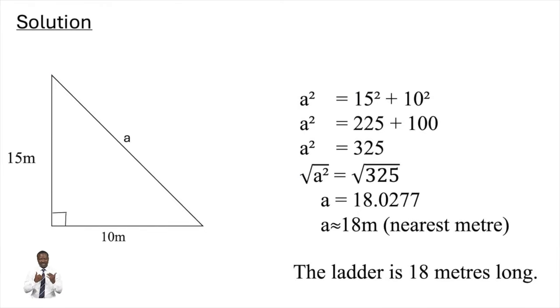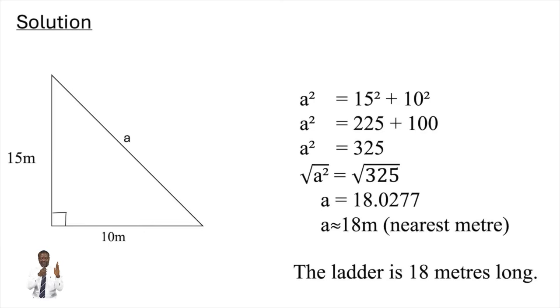According to the question, the wall is 15 meters high, and the foot of the ladder and the base of the wall are 10 meters apart. The question saying that the wall is a vertical wall indicates that it makes an angle of 90 degrees with the ground.